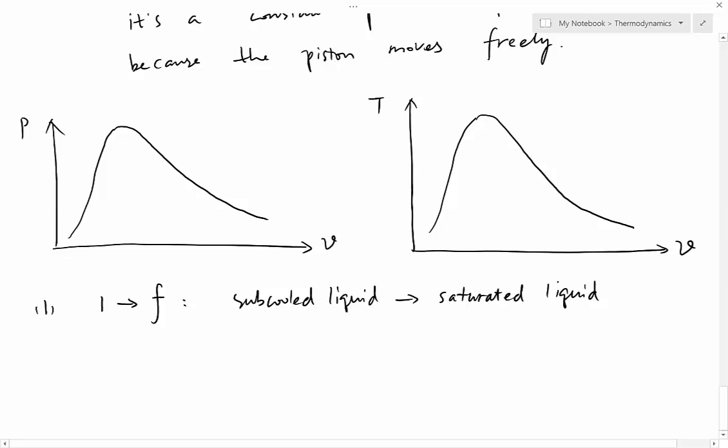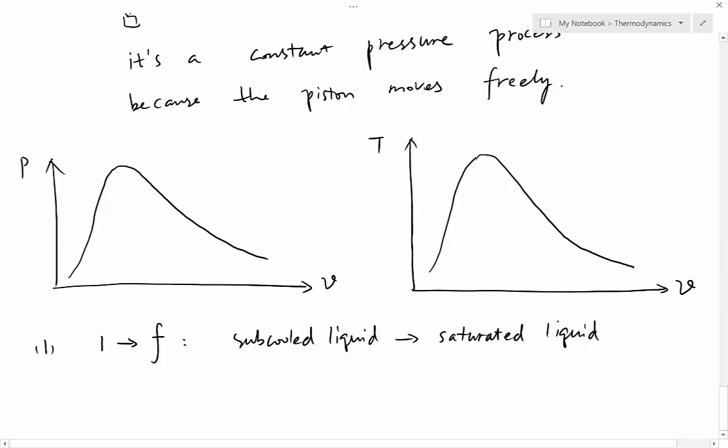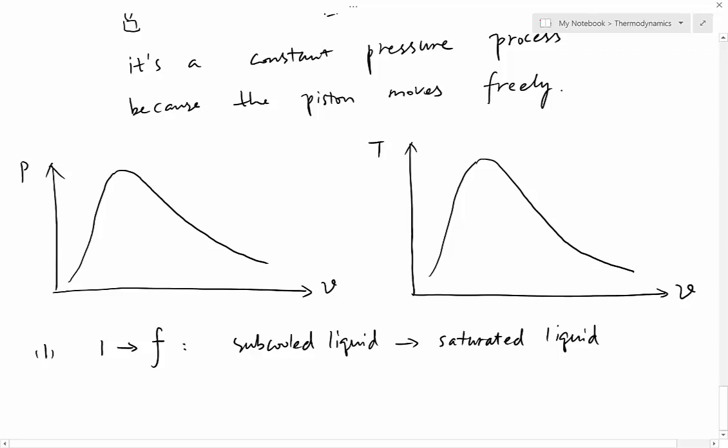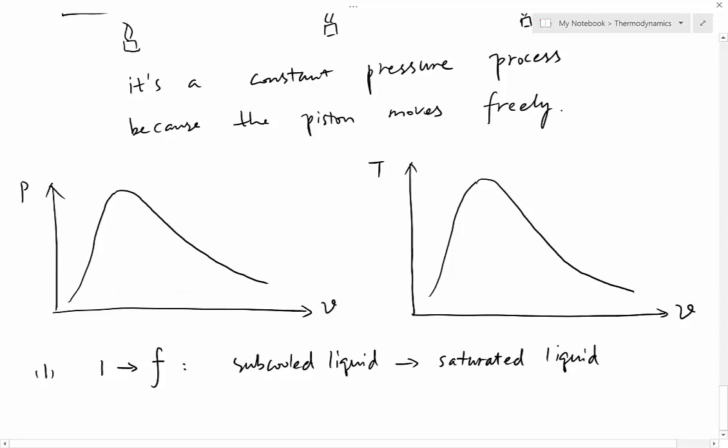All right, so how do we sketch 1 to F on those two diagrams? Let's start from the P versus nu diagram. A very important thing we need to remember is this is a constant pressure process. What is my y coordinate on the P versus nu diagram?